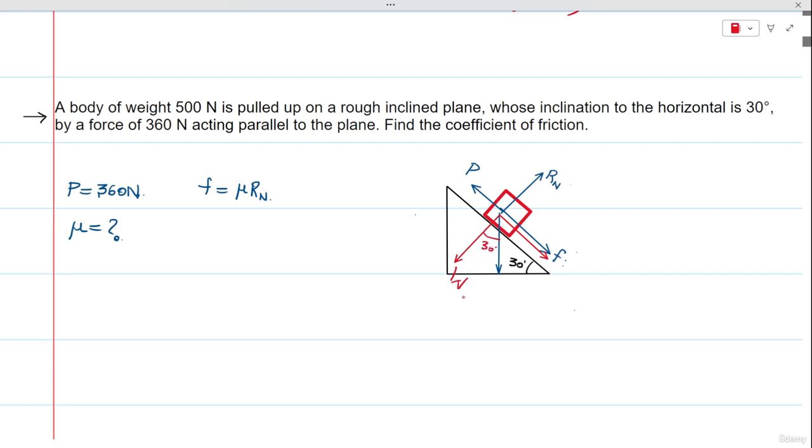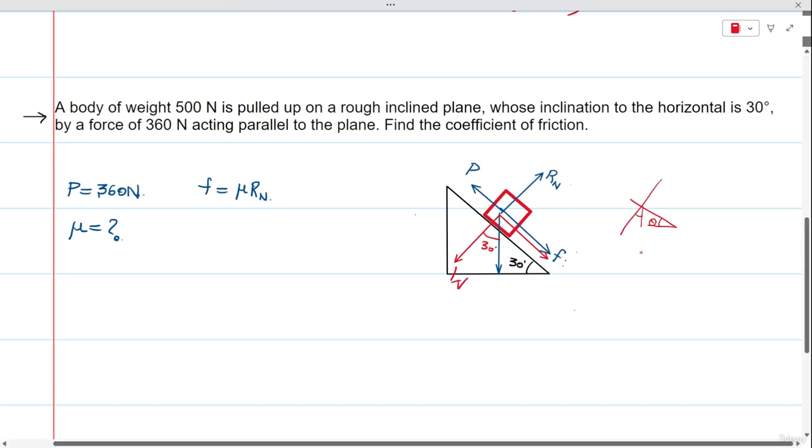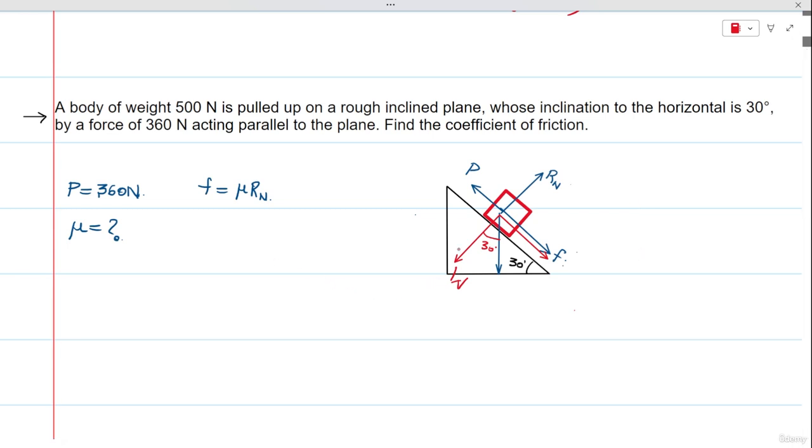So this rule we have already discussed, that is, if a line makes an angle theta with the horizontal, the normal of that line will make the same angle with the vertical. So this rule we have discussed in the statics part of the subject. And here if it is 30, this would be W cos 30 and the other component would be W sin 30.